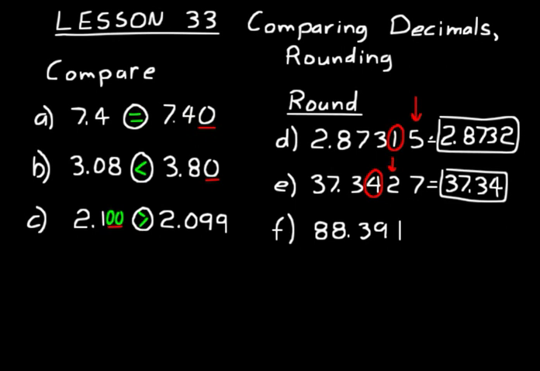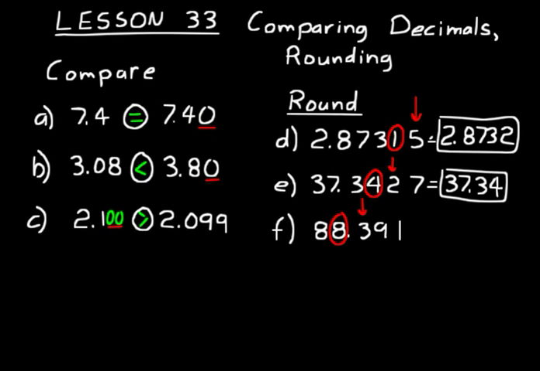And on F, what I want you to do is round that to the nearest whole number. So the nearest whole number is the one immediately to the left of the decimal point. That means we'll circle that 8 right there. Put an arrow over the 3. That's less than 5, so that means we leave the 8 alone.